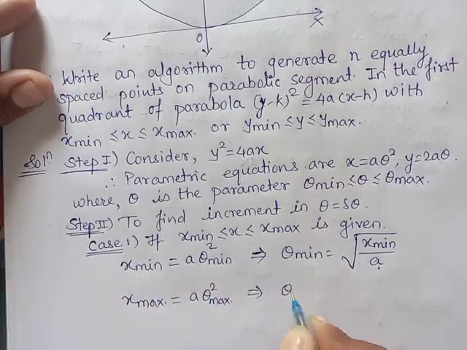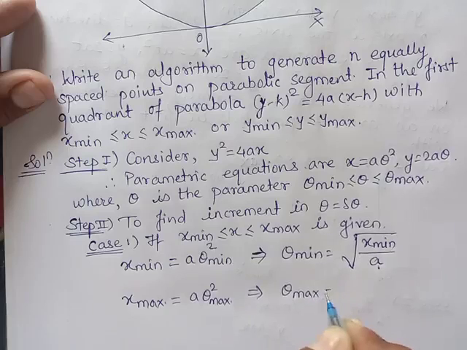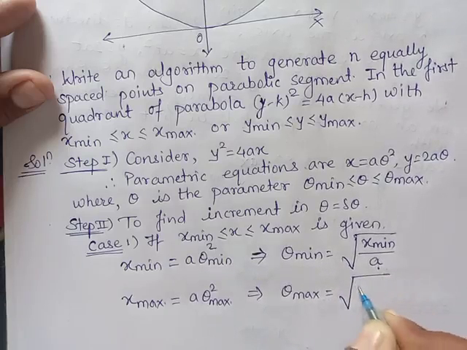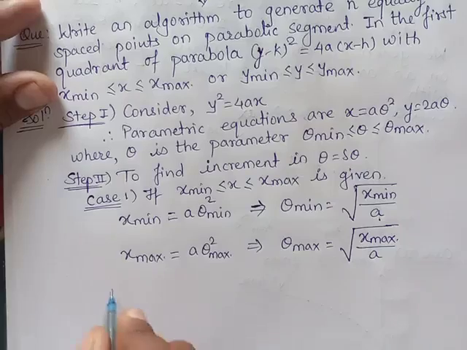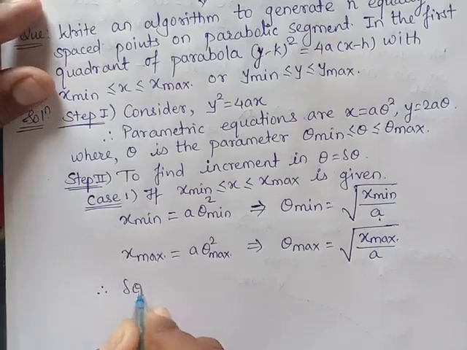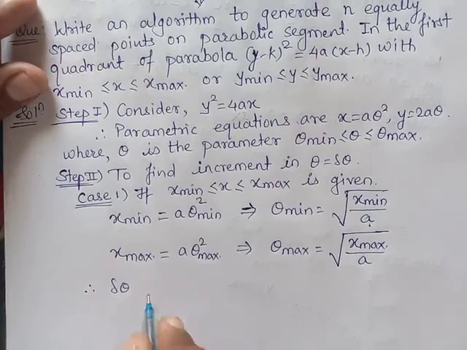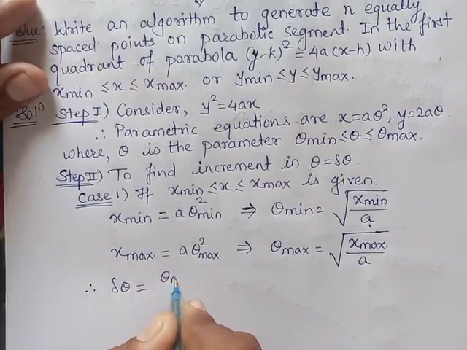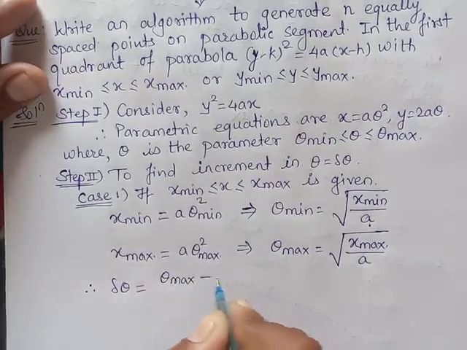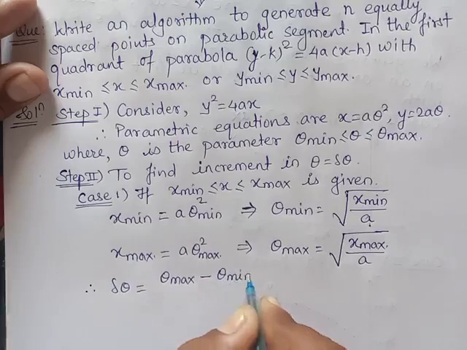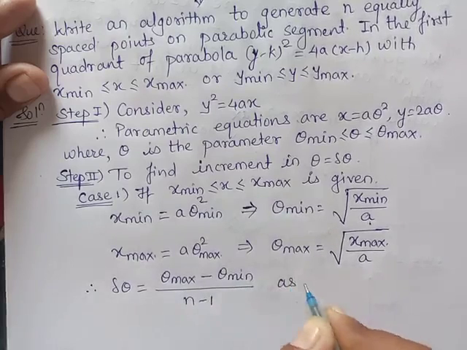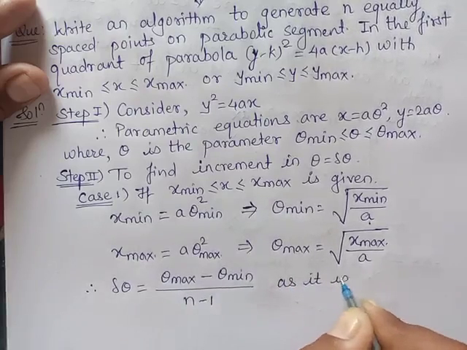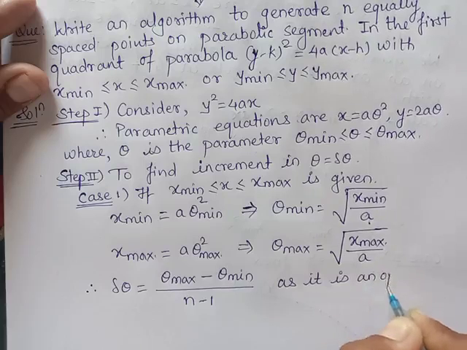That gives theta maximum equal to root x maximum upon a, right? Therefore delta theta equal to theta maximum minus theta minimum upon n minus 1, as it is an open curve.